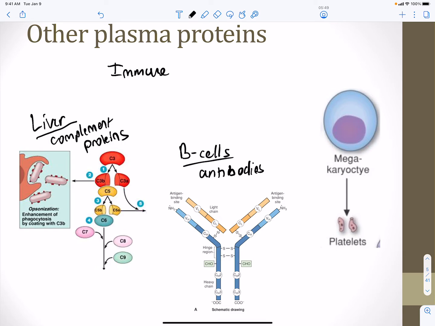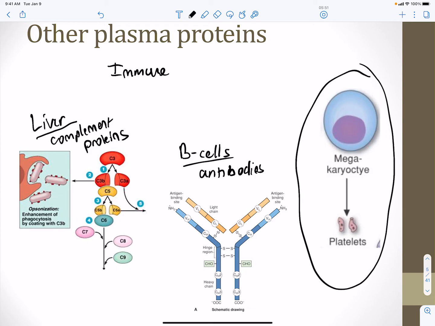And then over here on this side, of course, we have our platelets. Now, platelets are simply just a blebbing of your megakaryocytes. So they basically just break off of your megakaryocytes, and so they take with them whatever the megakaryocyte was making. So we're not going to talk, of course, about our immune portion, but we are going to discuss our platelets today.